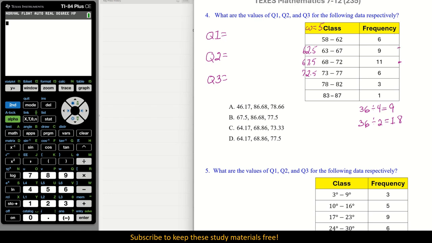And here somewhere will be our Q1. And then on the next row, our next class, somewhere in here is going to give us our Q3. So if we go down, we need to go down 9 values. That would be, we need 3 out of the 9 for the first fraction.